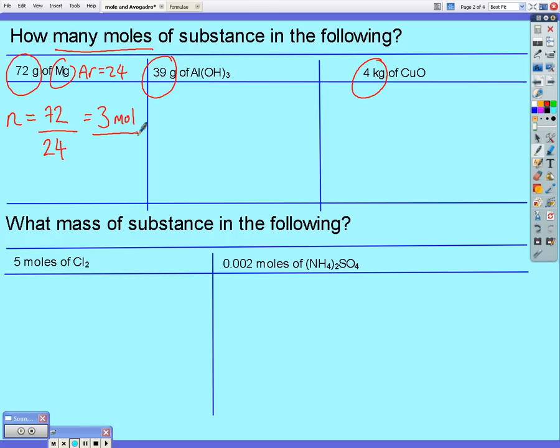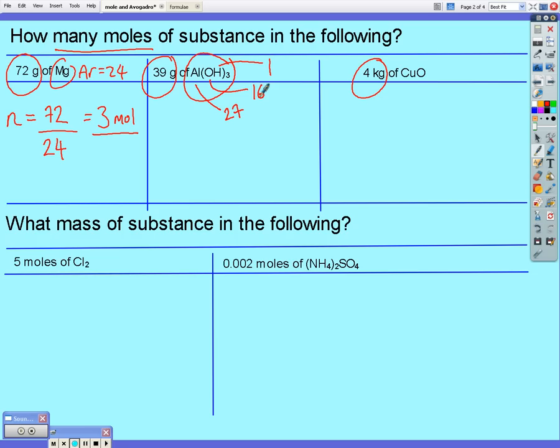That's our unit for moles. Next, we're trying to find out the number of moles we have in 39 grams of aluminium hydroxide. If you look at your periodic table, you'll find that aluminium has a relative atomic mass of 27, hydrogen 1 and oxygen 16.